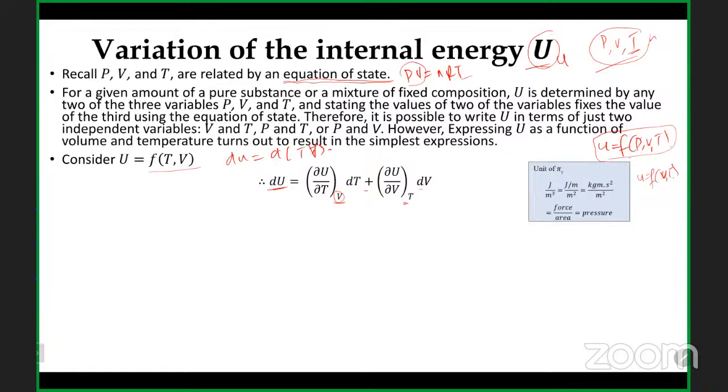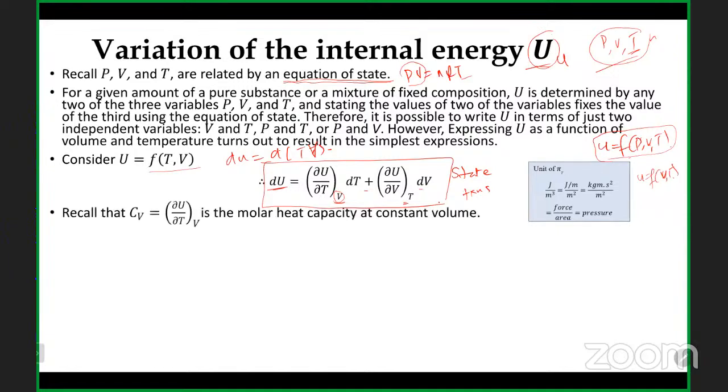That is what we can do with what we call our state functions, and this is an exact differential. This cannot be done with path functions, and those are inexact differentials.